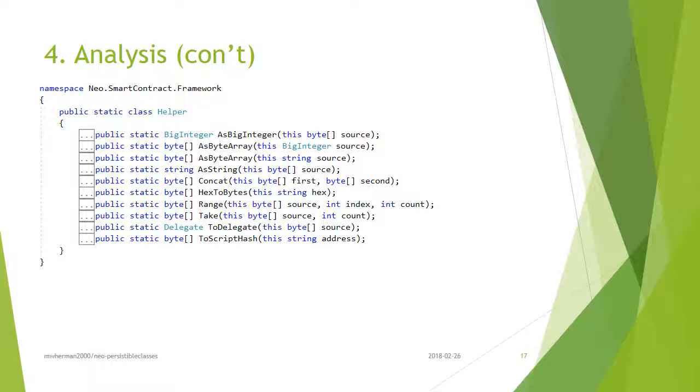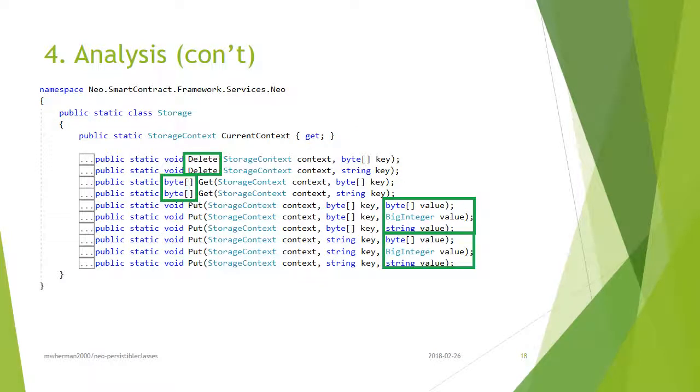So the ability to convert strings and bytes to big integers to byte arrays, being able to concatenate byte arrays together, being able to convert hexadecimal strings to bytes. It's a very limited set, and it doesn't cover all possibilities. So it's important to understand this particular helper class.